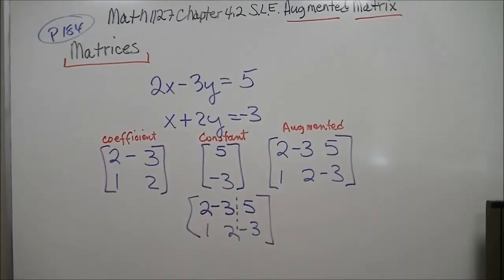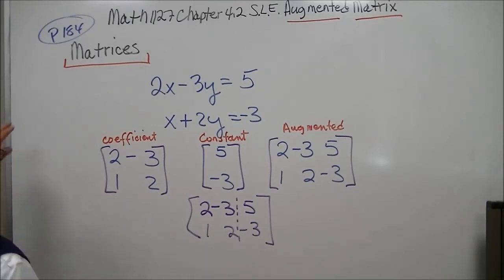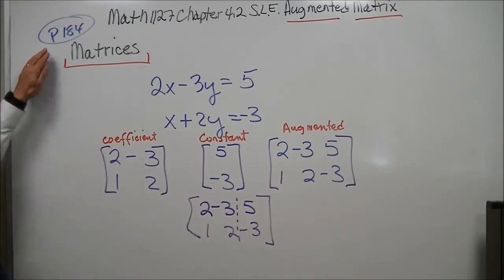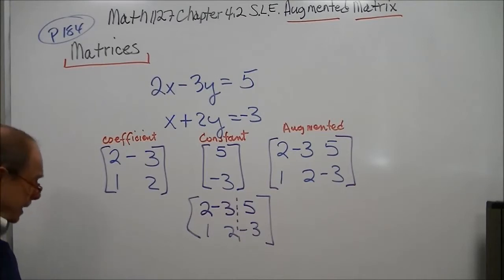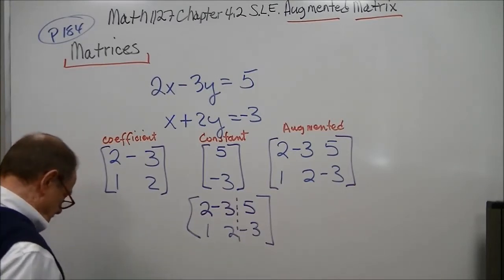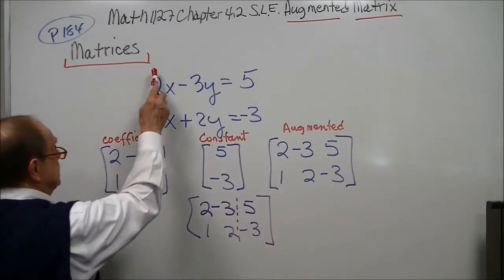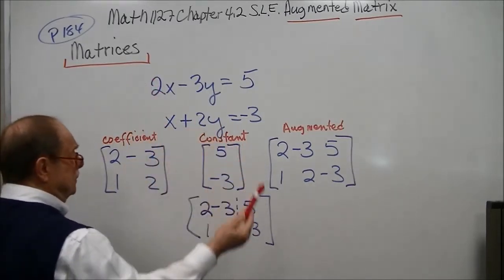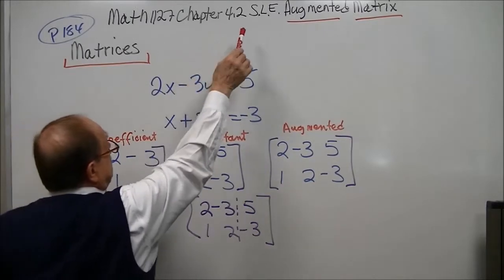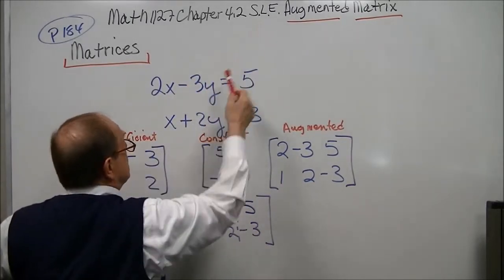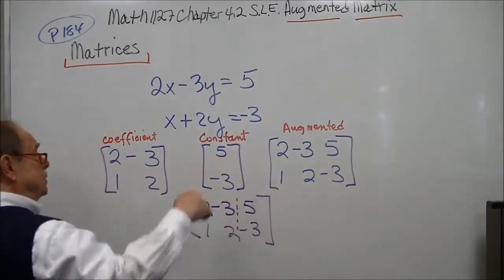And I didn't put the page reference, but we're now on page 184, and they are introducing how to convert from a standard form of the linear systems of linear equations in standard form to a matrix.